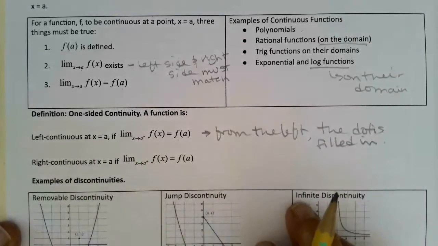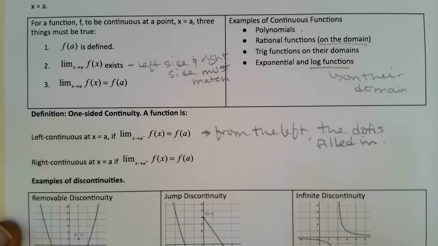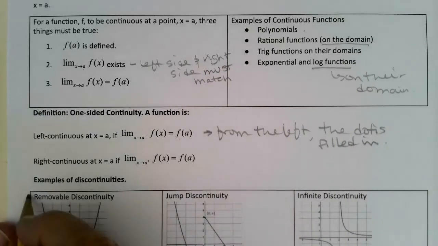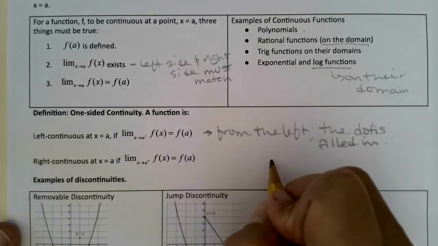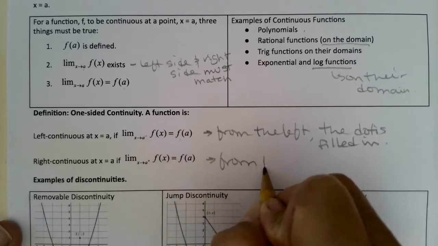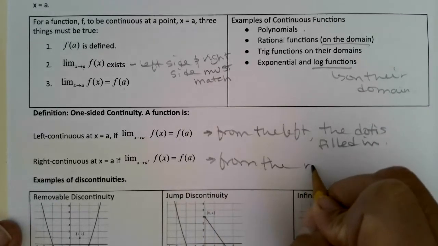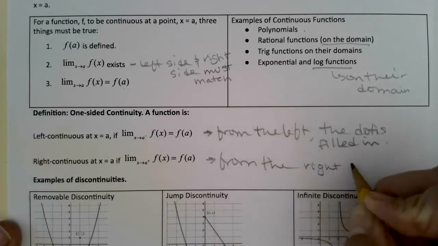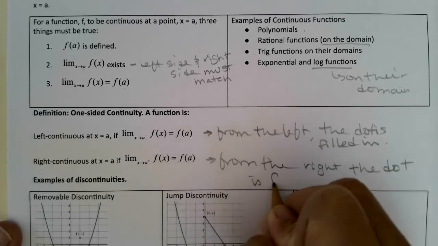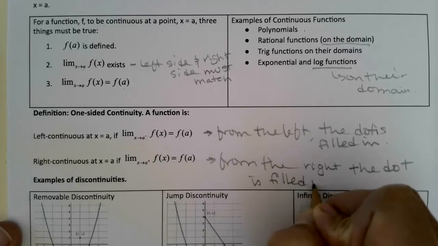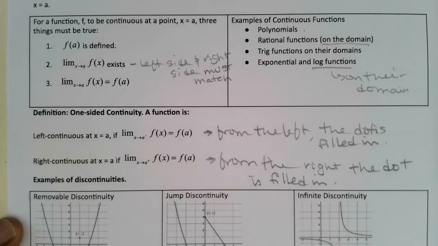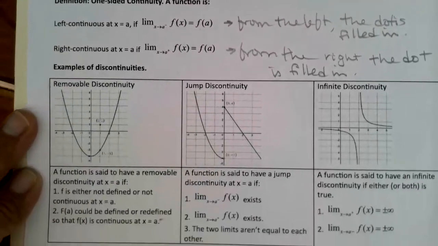So if you have a hole and you're coming from the left and it's filled in on that side, then you would say, oh, it's left continuous. Right continuous, if you come in from the right, so from the right has the filled in dot. And you're going to see a couple of examples down here. I guess just one. Okay, so here we go.